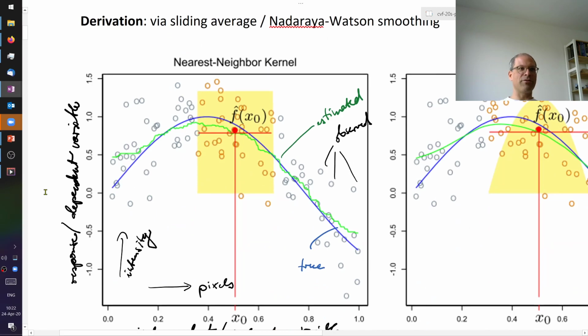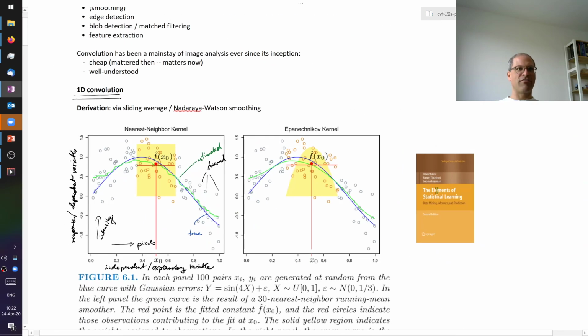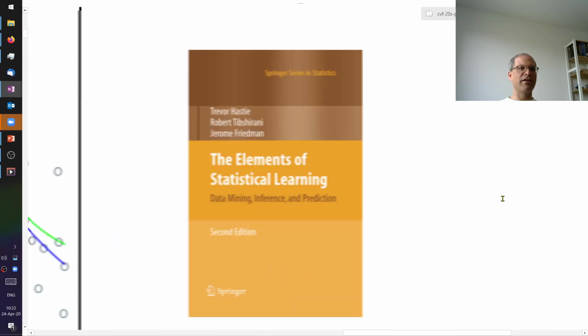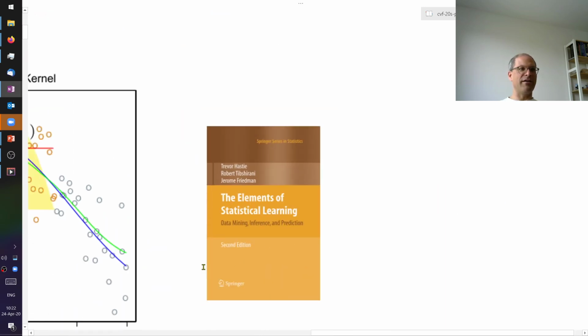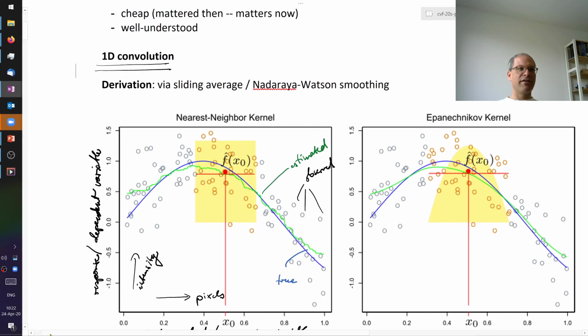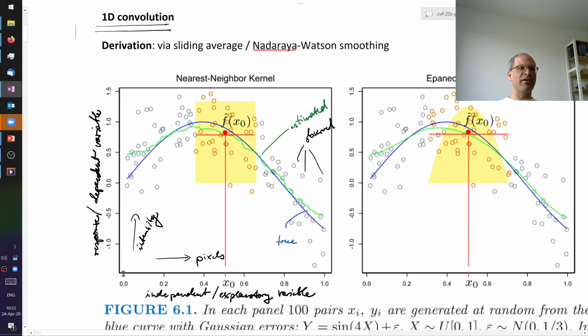I'm showing you here 2 images from this fine textbook called The Elements of Statistical Learning by Hastie, Tibshirani, and Friedman, one of the classics in the field of machine learning. What you see here is the x-axis and the y-axis, the typical kind of plot that you see for linear regression.